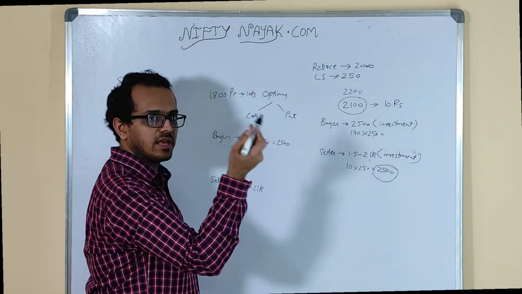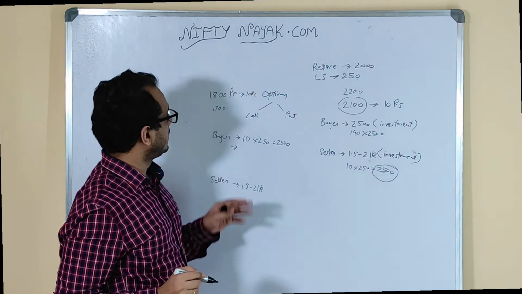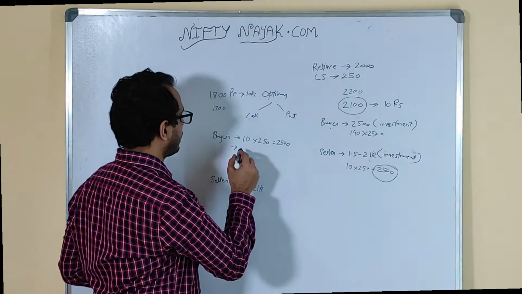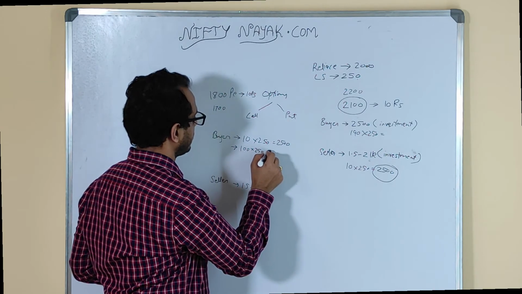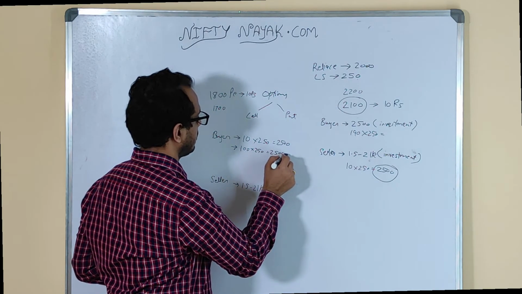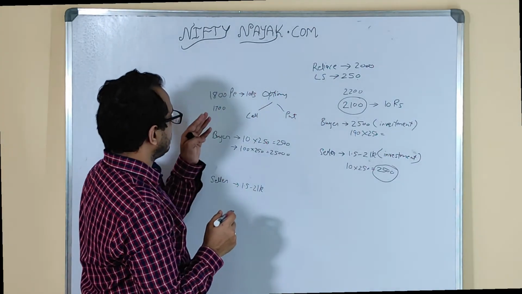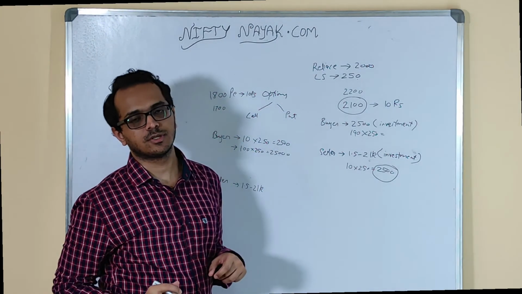So let's say on expiry, Reliance closed at 1700. In this case, this put buyer has made a profit of 100 rupees into 250, which is 25,000. Okay? In this case, the seller would have lost 25,000.